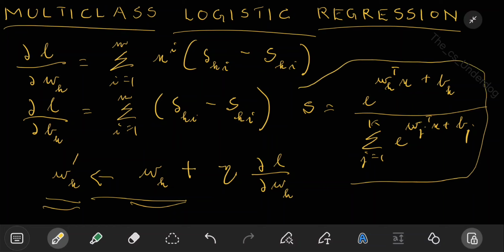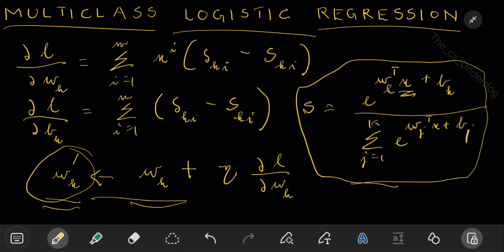So here, if you know all the W's, WK, BK, Wj, Bj, you'll get all the W's by optimizing and finding the optimal value. If you know all the values, then you can directly substitute those values here, and the only input is X.